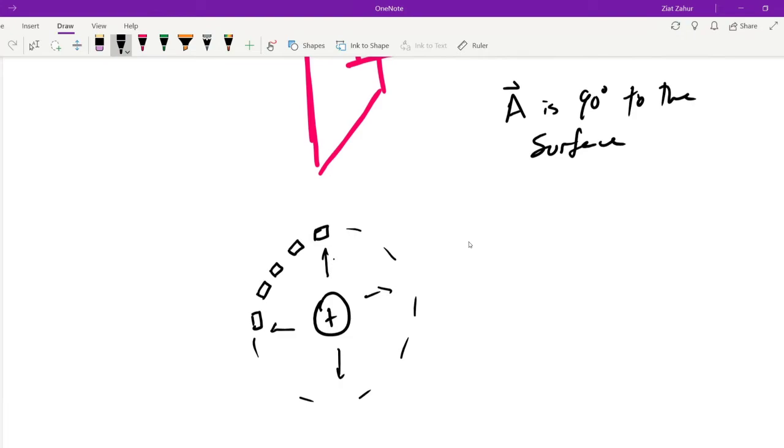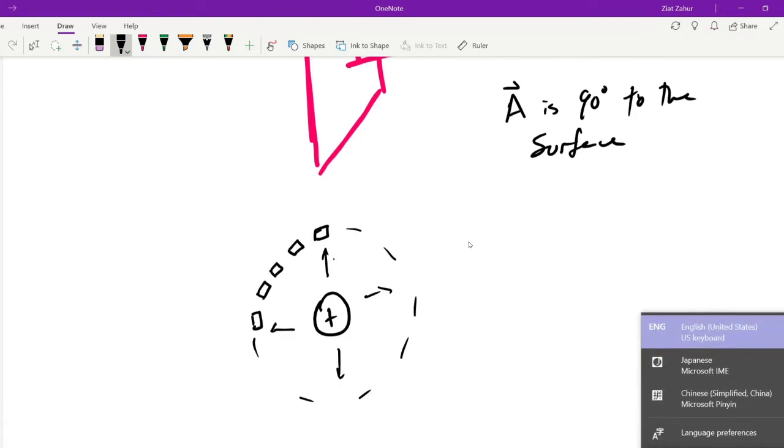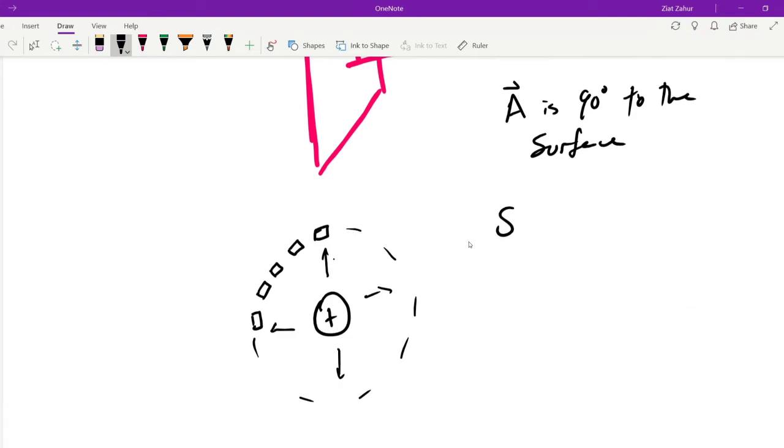The amount of area I would need is the surface area. Area of a sphere is 4 pi r squared, right?